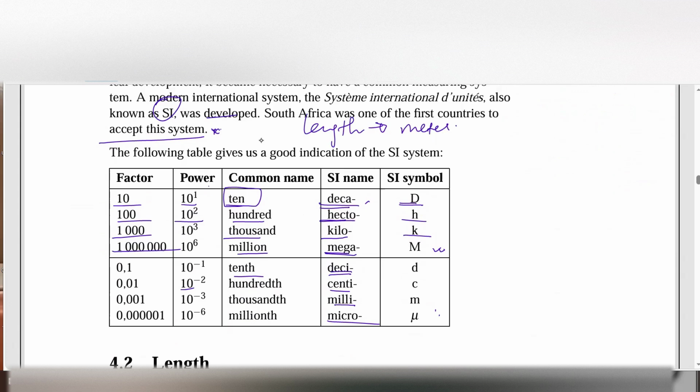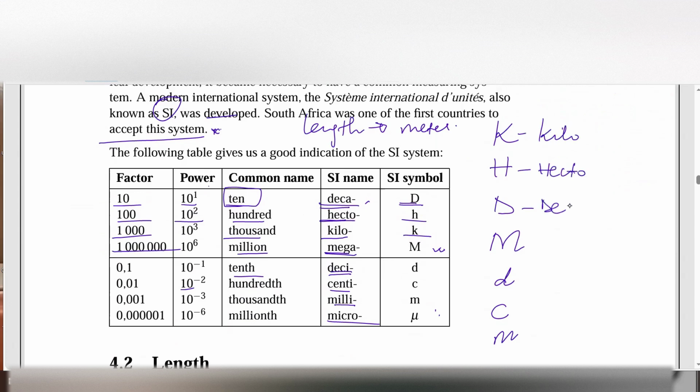So with the 7 units, we have kilo, hecto, deca, meter, deci, centi, milli. Every unit is a multiple of 10. There's a 10, a 10, a 10, and a 10.